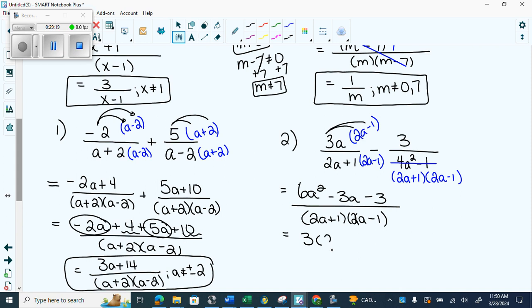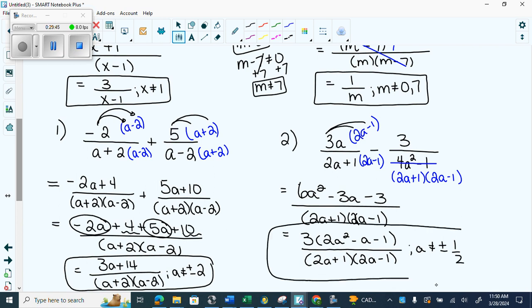And I'm left with 2a squared minus a minus 1 all over 2a plus 1, 2a minus 1. Now the top actually factors, but I can't give you one that does factor because we can't make you do trinomials. Fun fact. So we would stop here. A can't equal plus or minus 1 half. I can make you solve a trinomial, but not factor.